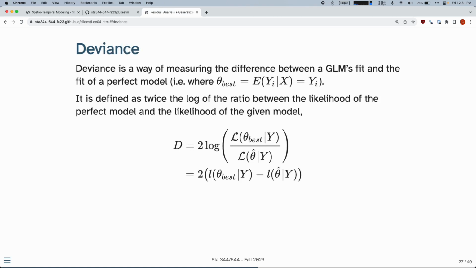So what we'll go through is just deriving these really quickly for the normal case and then the Poisson model. Again, I'll post the notes with a handwritten version of this as well.